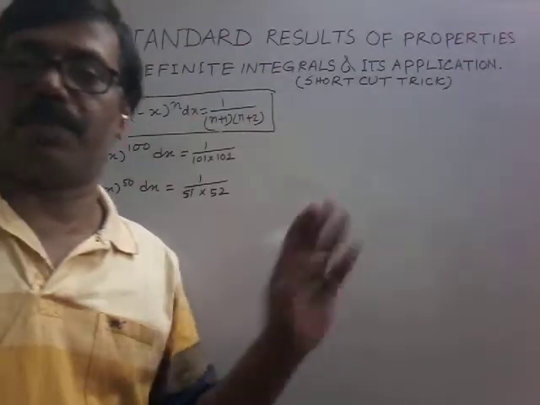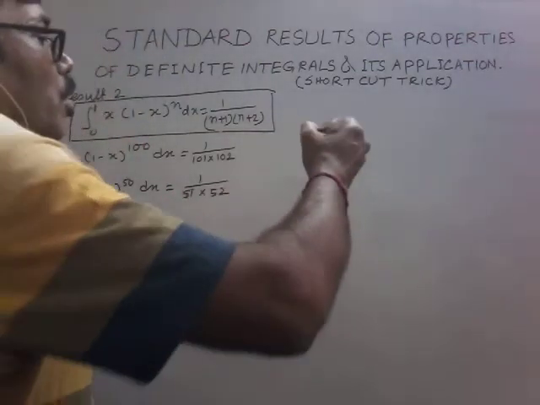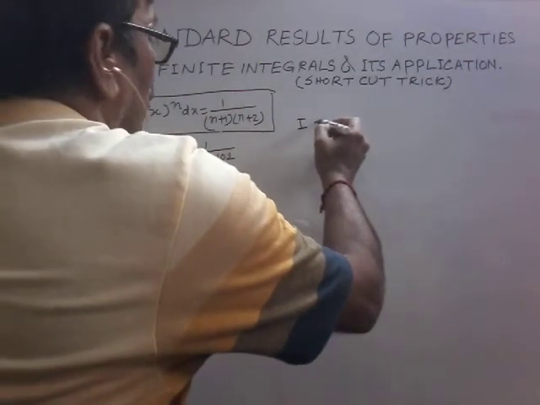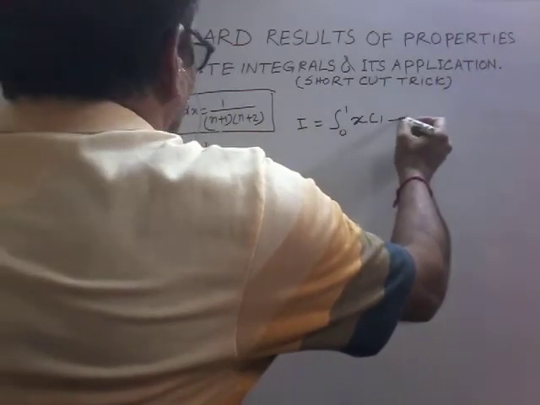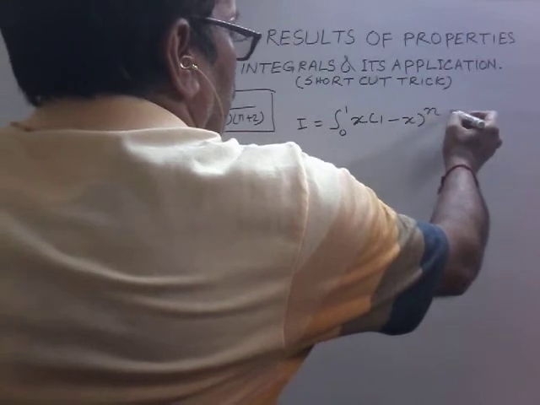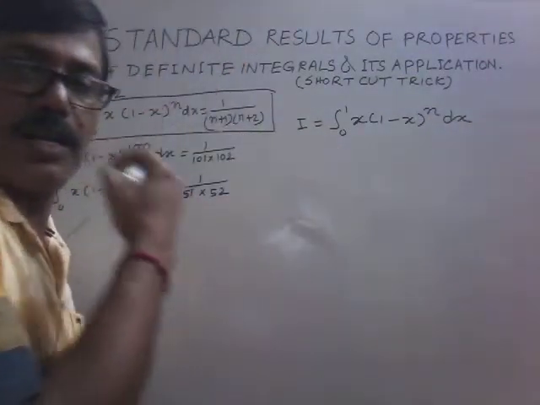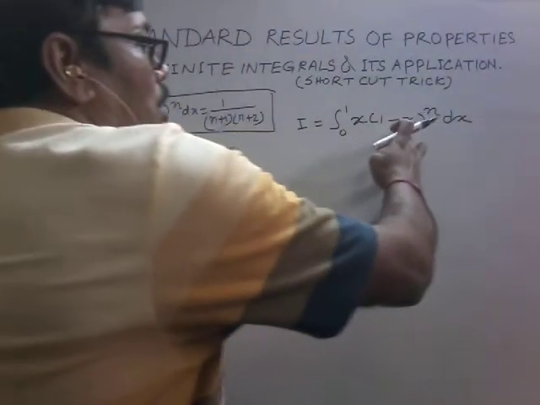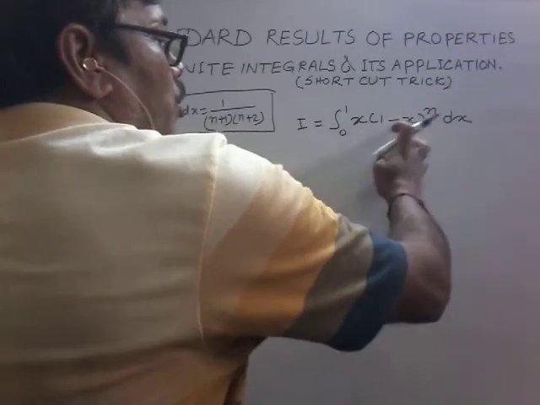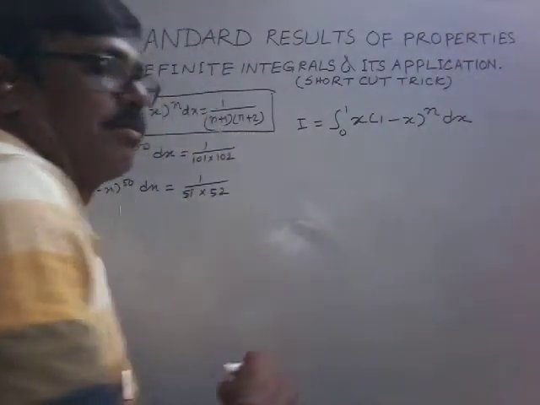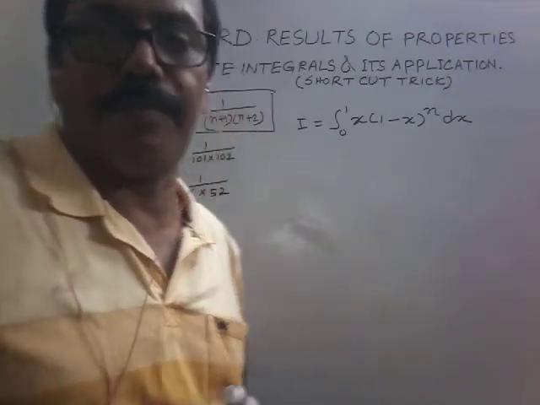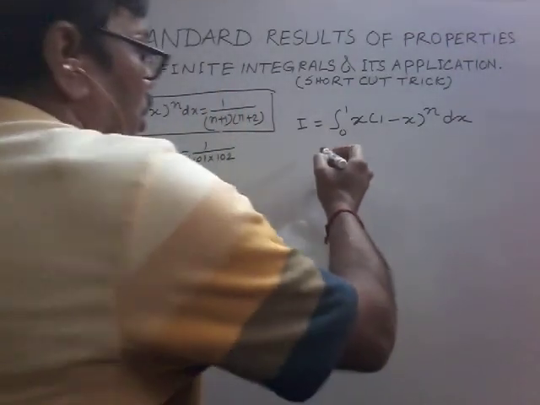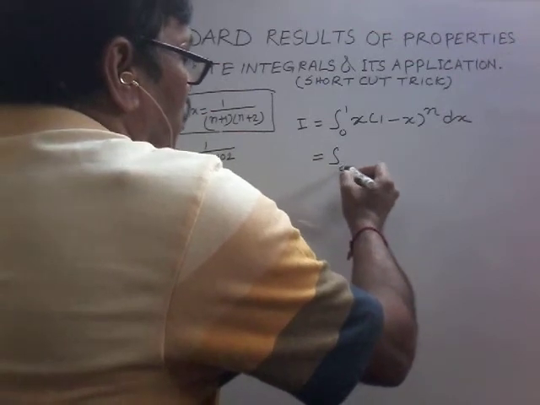The proof is very simple. Look, if we consider this as I, 1 minus x whole to the power n dx. Now this power is n, so you would have to expand it by the binomial theorem.